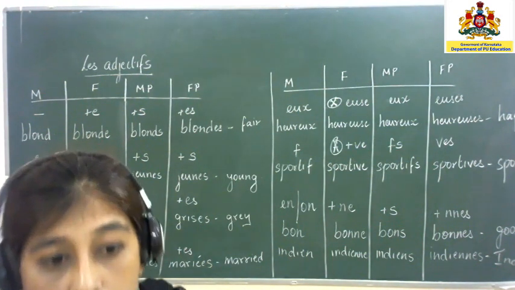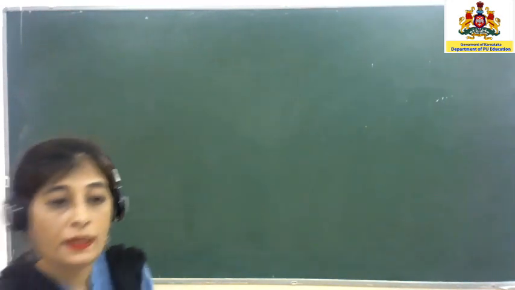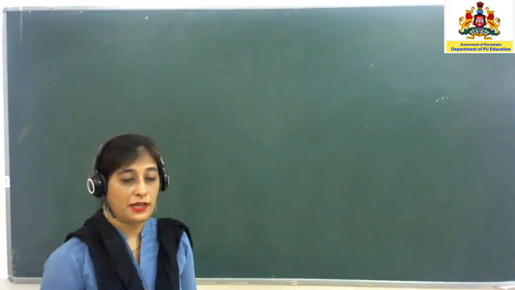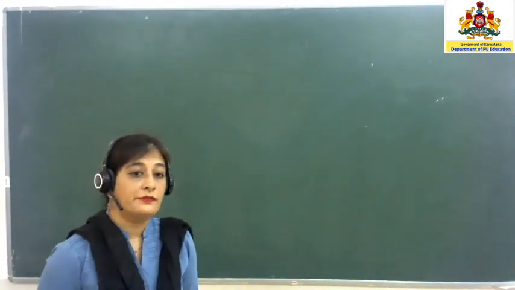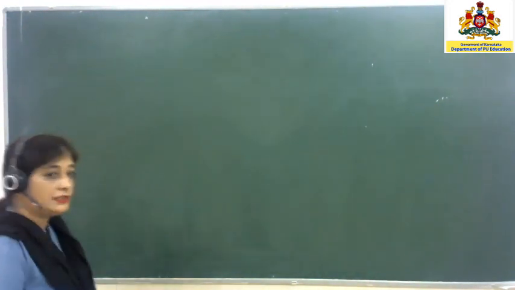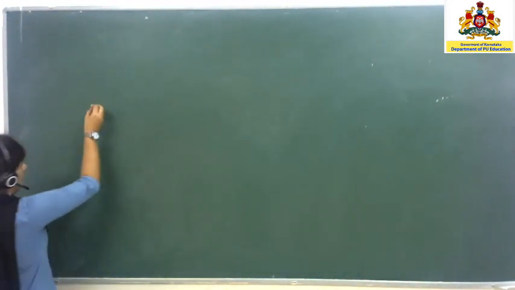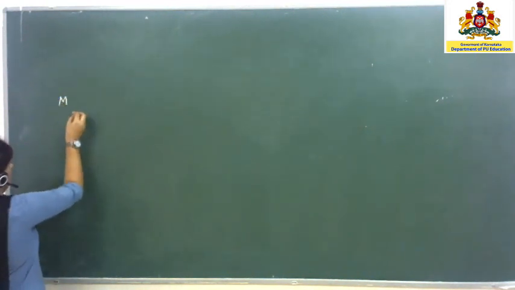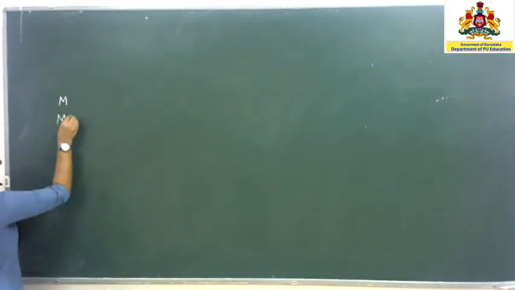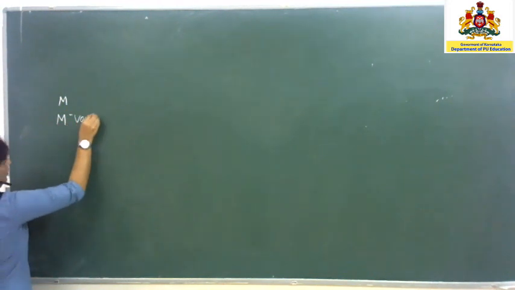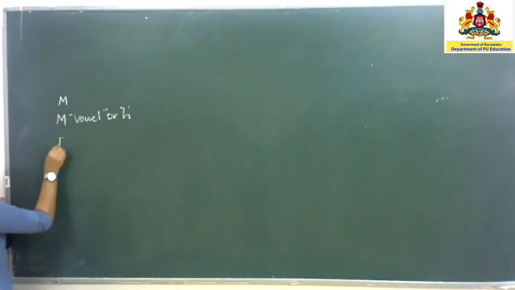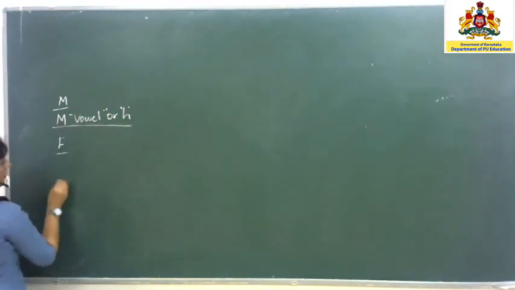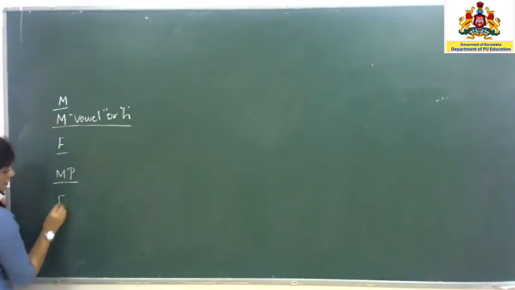Now moving on to the irregular adjectives, or adjectives that have 5 forms. There are some adjectives which have 5 forms, out of which we will be learning about 3. So let's see what these adjectives are. We have masculine, masculine before a vowel or H, feminine, masculine plural and feminine plural.